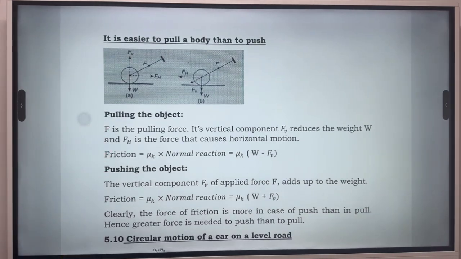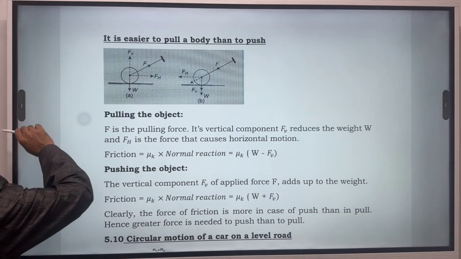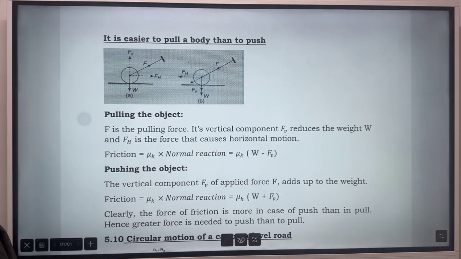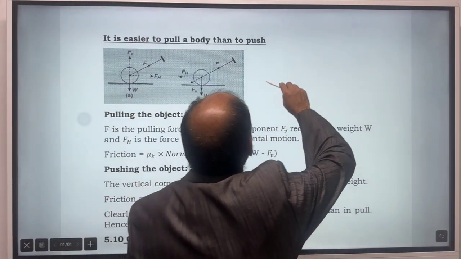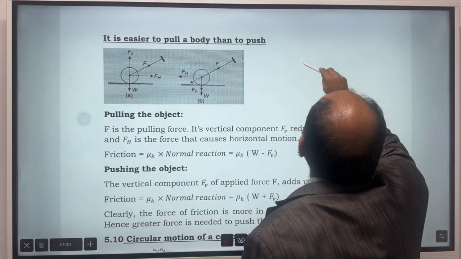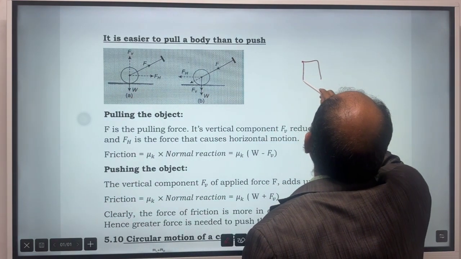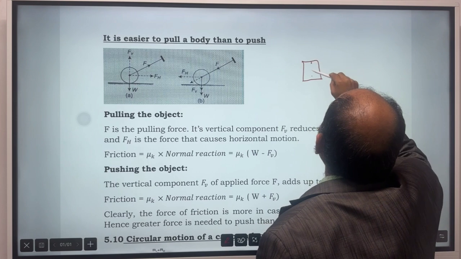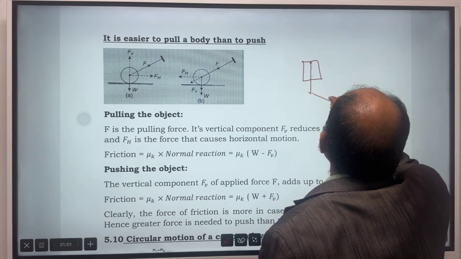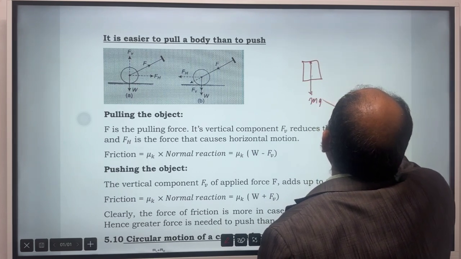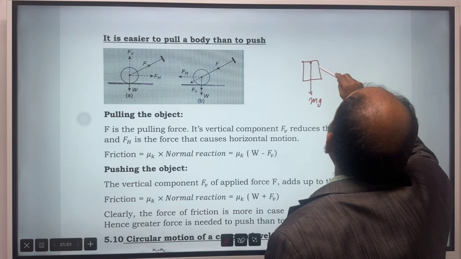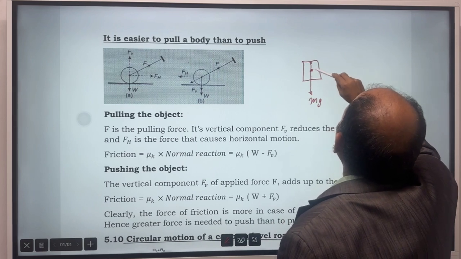Now, one important aspect: it is easier to pull a body than to push. Why? Let's understand it the other way around. Suppose this is an object whose weight is mg in this direction, and you want to pull it. You are applying force like this.